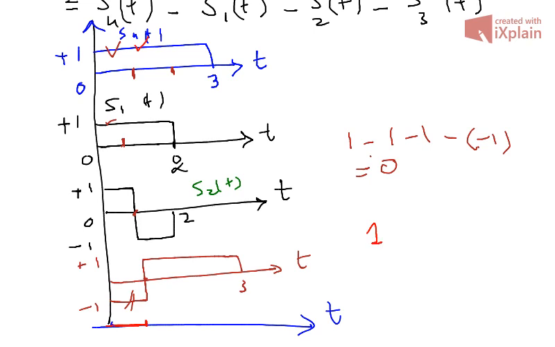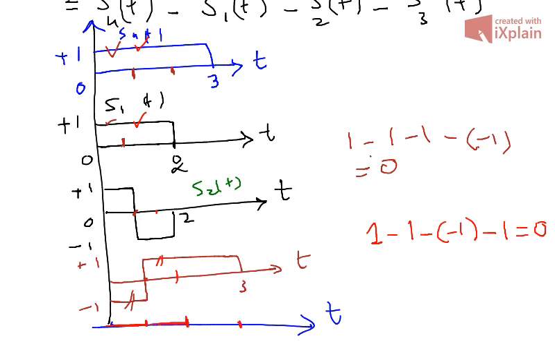From 1 to 2, you have to subtract this one. This is 1, 1, and to subtract this one from 1 to 2, this is minus 1. So minus 1, and this one is 1. The next one is 1. From here it is 1. So again you would get 0. So this is 0 from 0 to 2.